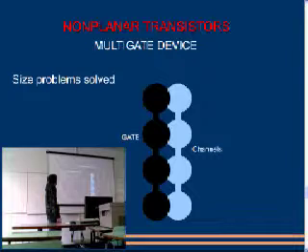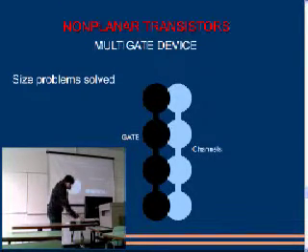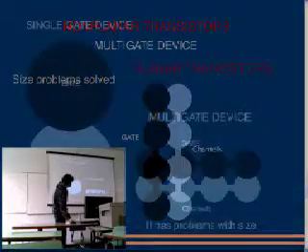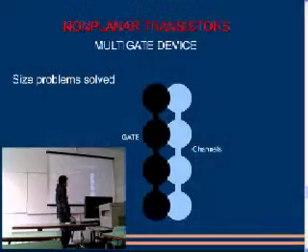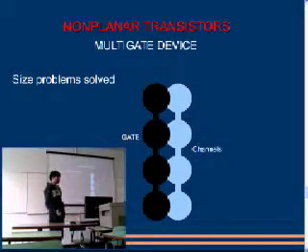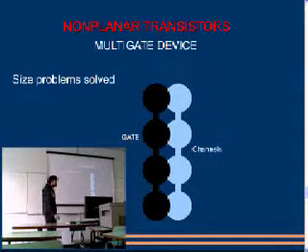To solve this, they implement a non-planar transistor for a multi-gate device. We have here the problem of the size solved. We just turn up the multi-gate device, the linear type, like this. But as you can remember, or I hope you can remember, the lithography process is just for one layer. We don't put other layers above this.